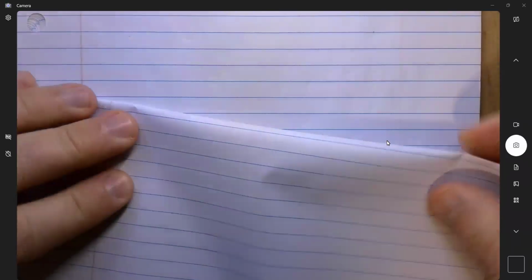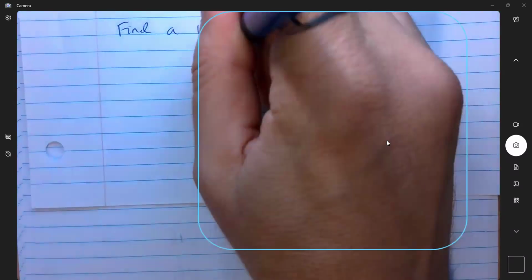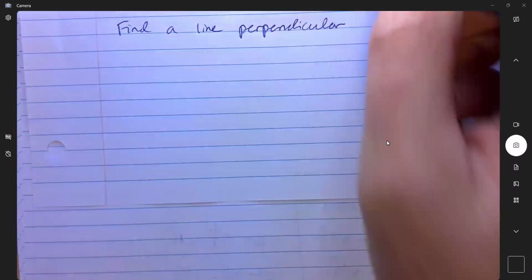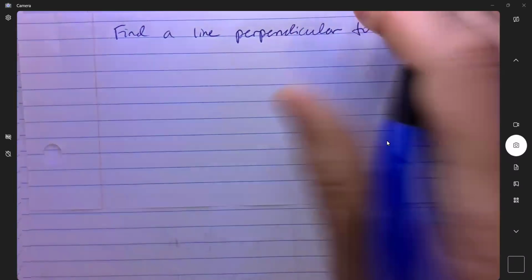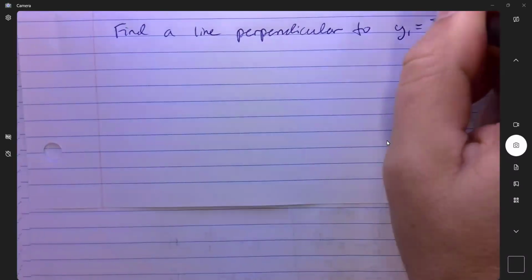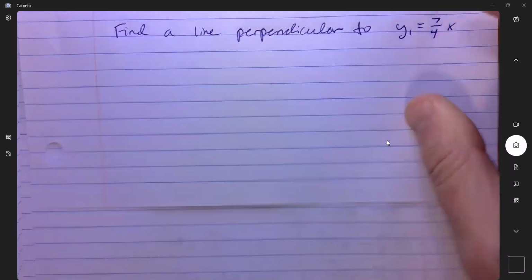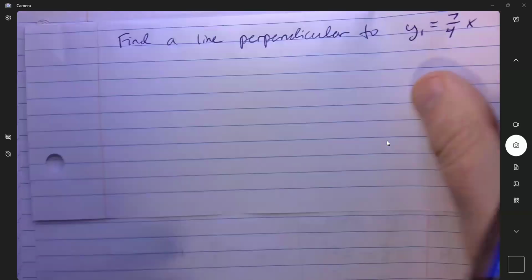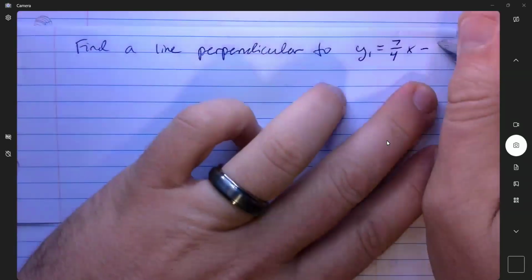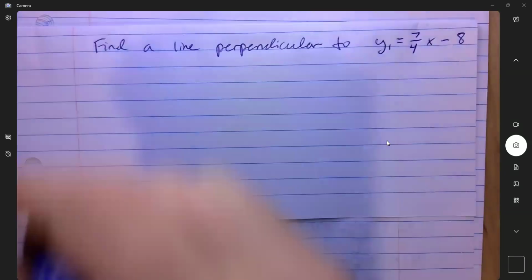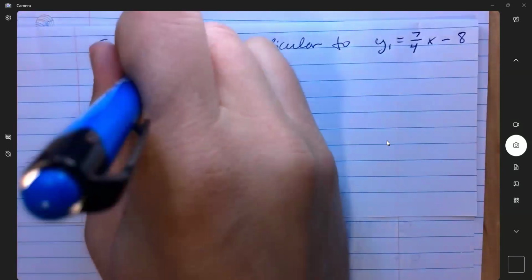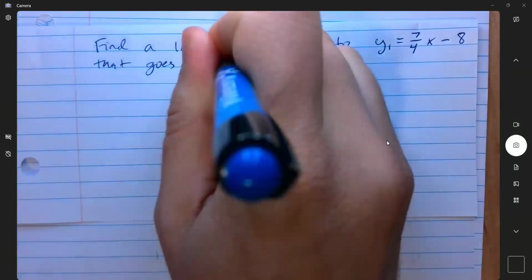Let's do an example. Find a line perpendicular to y1 equals 7/4 x minus 8 that goes through the point 0, 3.